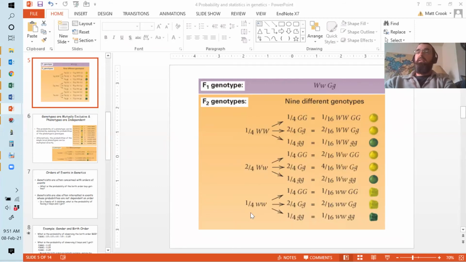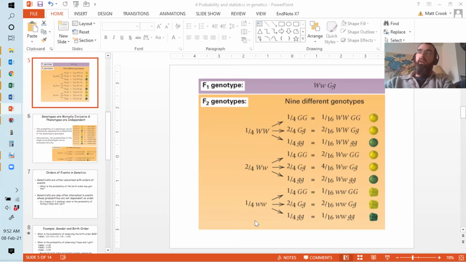You can't be homozygous recessive and heterozygous for this gene and homozygous recessive and homozygous dominant, right? They're exclusive, right? So in that case, you add the probabilities of it being this or this to get the probability of having a wrinkled and yellow pea, right, which is 3/16.